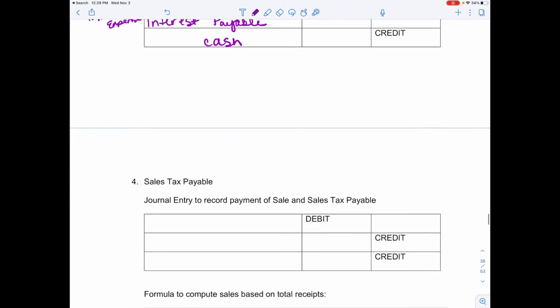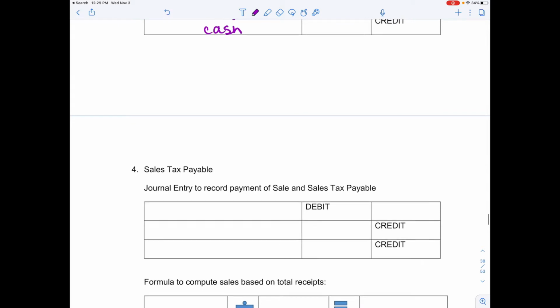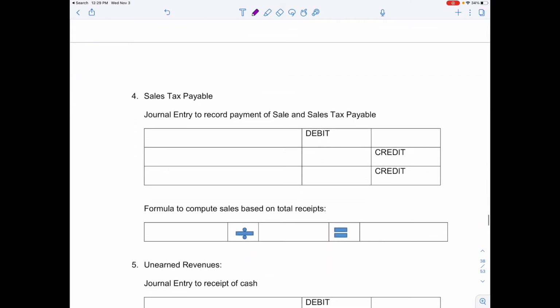And then we'll get into sales tax payable. We all are pretty aware of what a sales tax is. We pay it every time we go buy anything. So we're going to go ahead and debit that cash. We're going to credit our sales revenue.